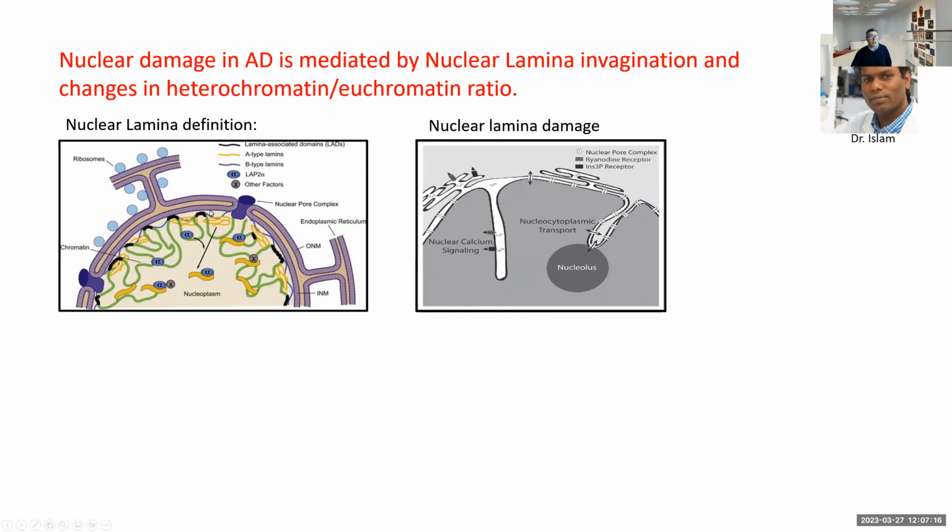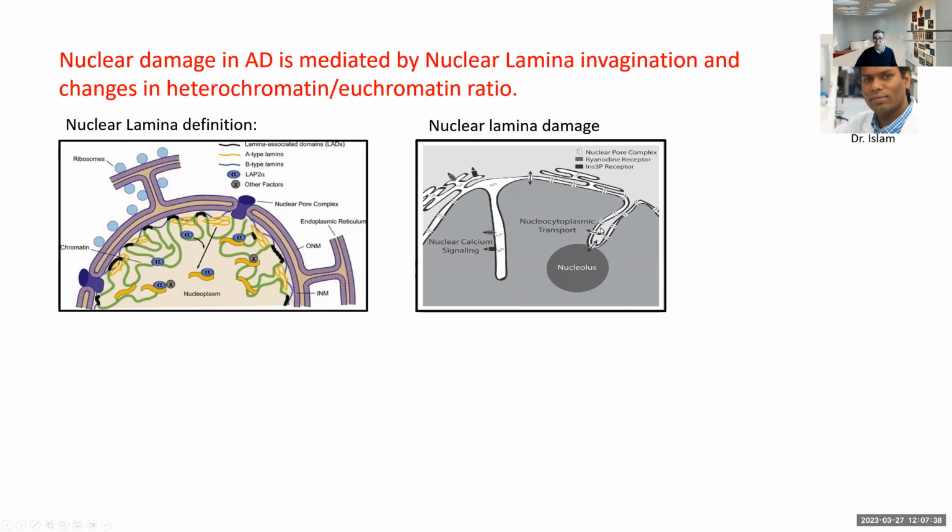And chromatin is actually binding very closely and intimately with lamin to the endoplasmic reticulum and nuclear envelope and moves with that. When nuclear damage happens, either one layer or both layers of the nuclear envelope protrude into the chromatin.